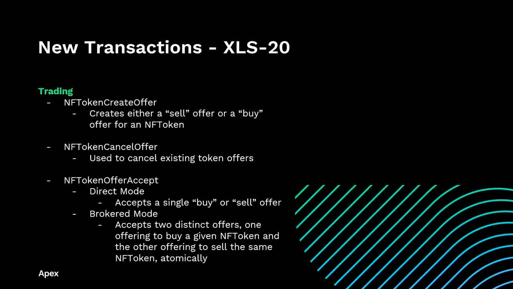The second transaction is the NF token cancel offer, which is used to cancel the existing token offers in the decentralized exchange that were created using the NF token create offer transaction. And there are at least 4 ways that a particular offer can be canceled. First, it can be canceled by the actual creator of the offer.